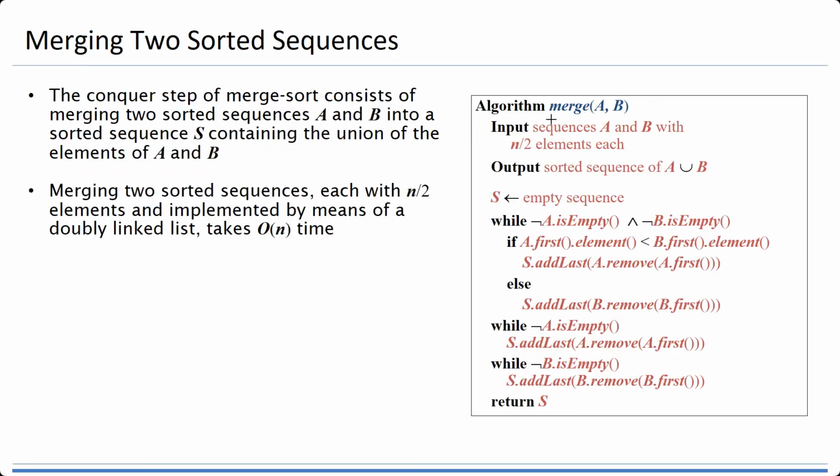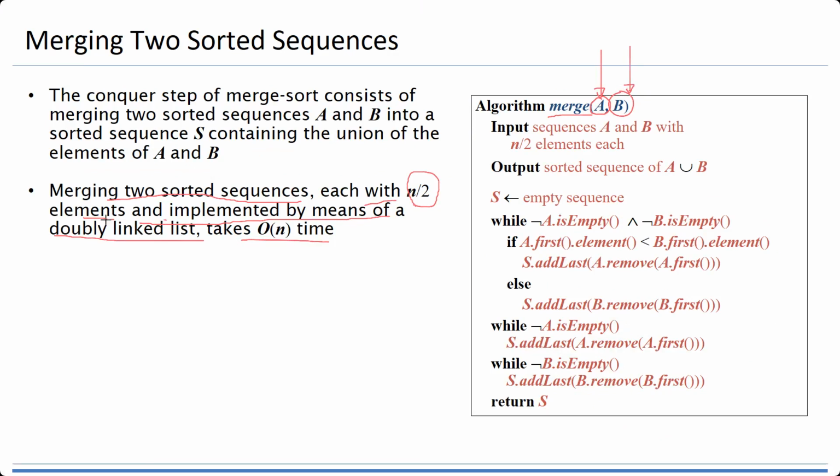We have the merge of S1 and S2. In this case, S1 is A and S2 is B. So merging two sorted sequences, each with n divided by two elements and implemented by means of a doubly linked list, takes O(n) time.